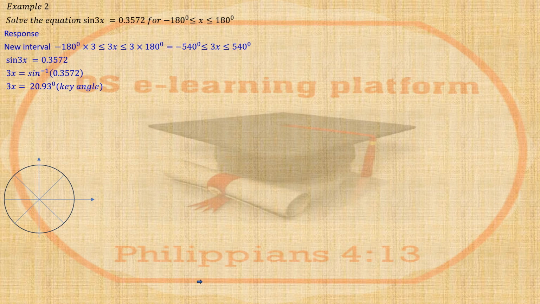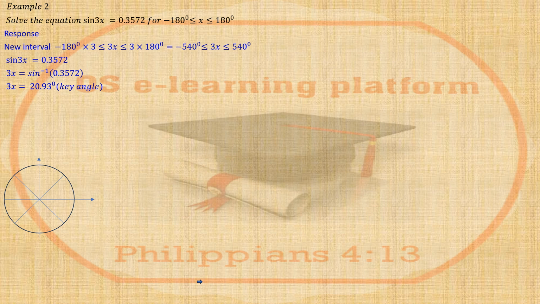Now, on this level, don't try to reduce such that you solve for x, even if it is 3x is equal to 20.93. Don't rush to solve for x. First, get other angles that are related to this key angle. Then, as you're concluding, you divide those angles by 3, such that you remain with the x that you're solving.